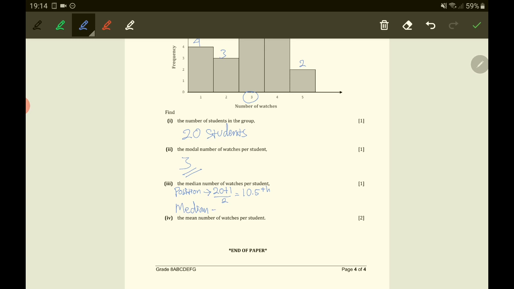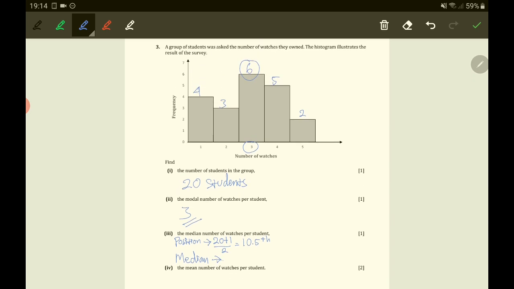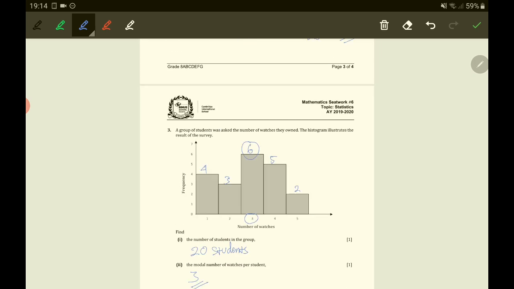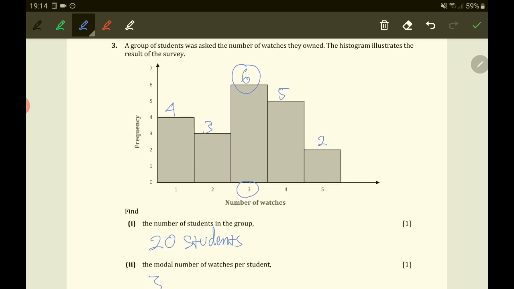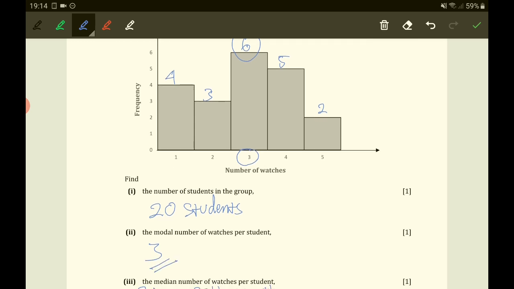So how can we find it? We just need to look at this. 4 plus 3 is 7. 7 plus 6 is 13.